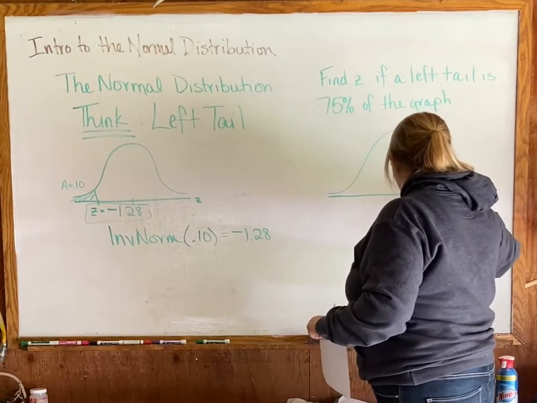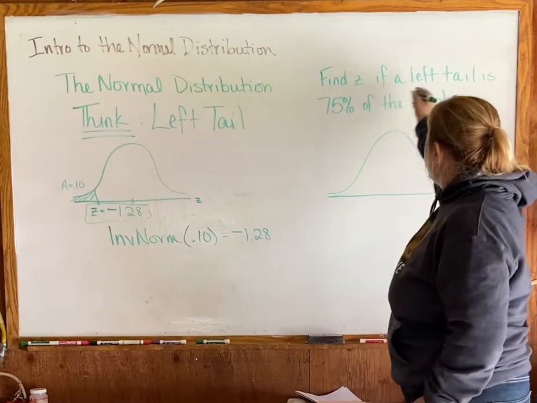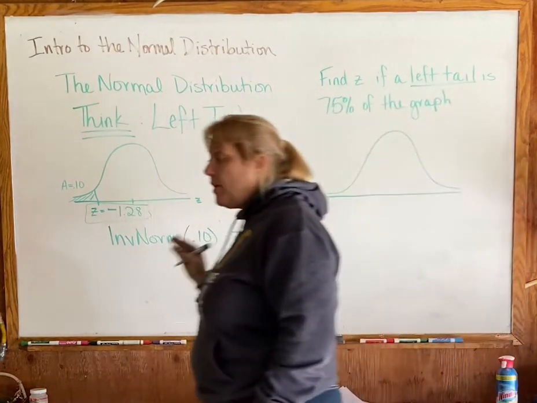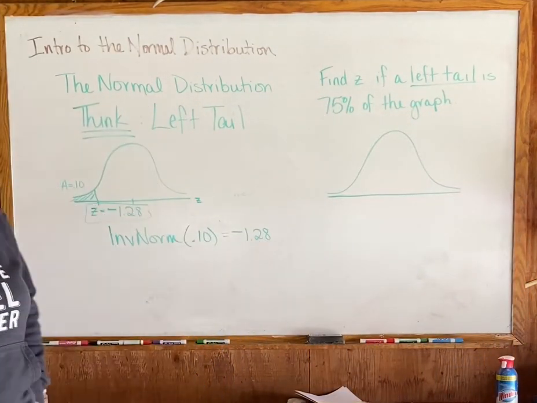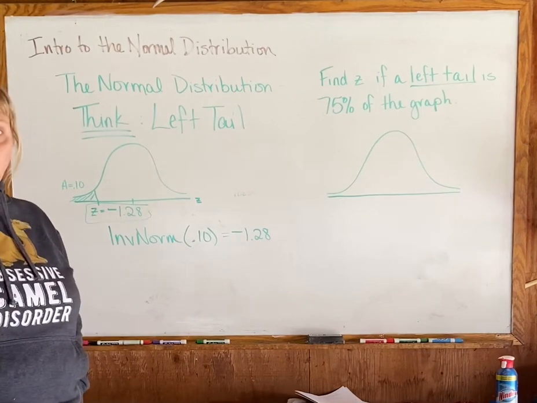Okay, so the thing that's nice about this one is that it says left tail, and we're also always supposed to think left tail. So we're set up in that sense really nicely.